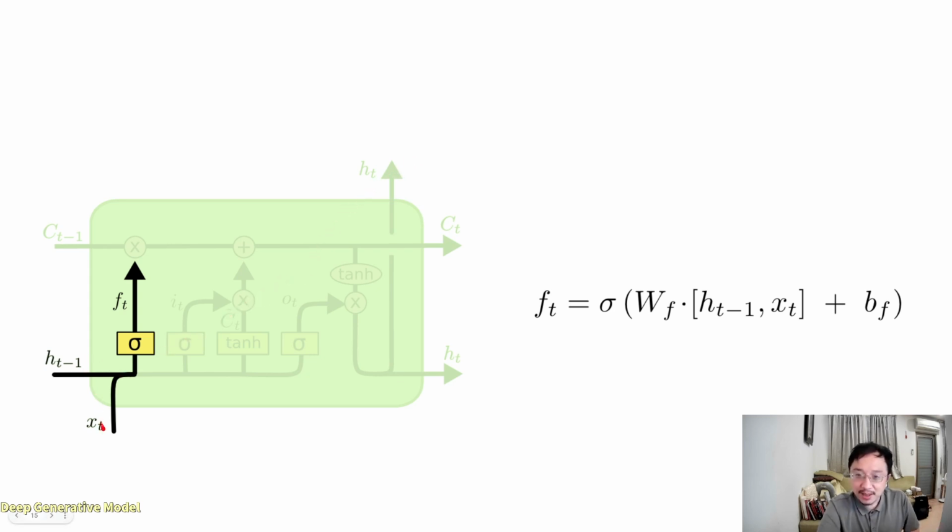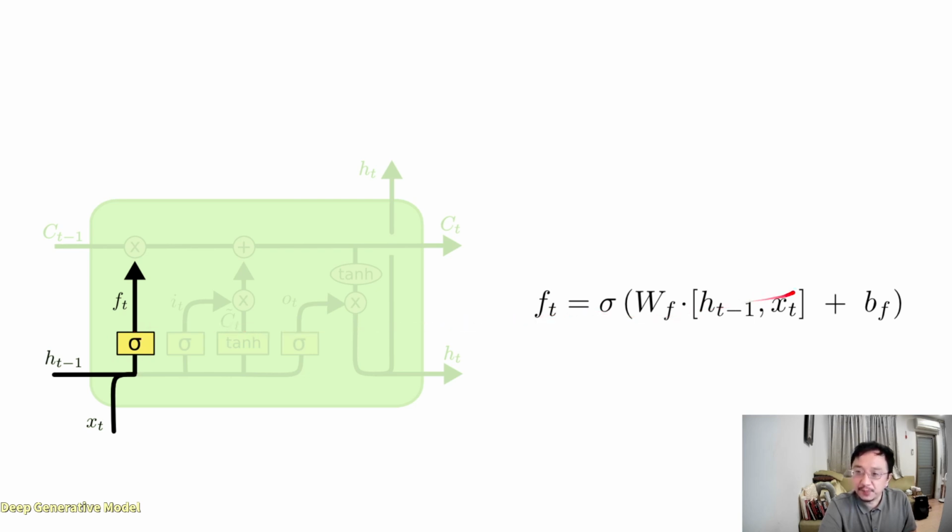But anyway, just call it xt and ht minus 1. We use xt and ht minus 1 to compute a gate, that we call a forget gate. It is used to decide which part of the long-term memory to be kept and which part of the long-term memory to be forgotten.